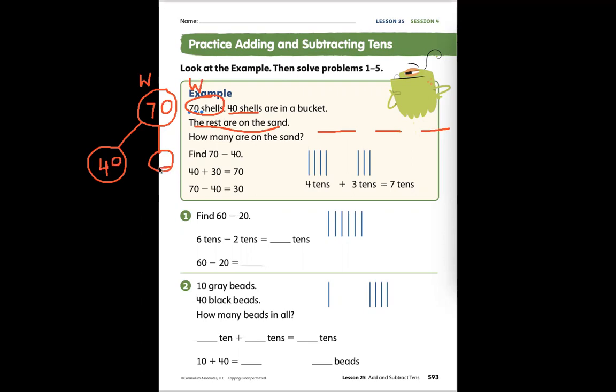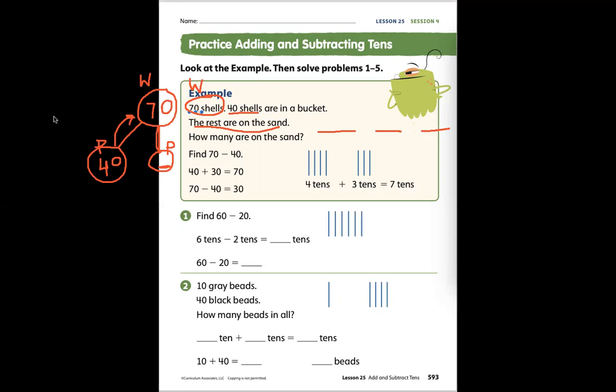The rest, we don't know how many that is, are in the sand. How many are in the sand? We can count on from the part we know, which is 40, up to the whole, right?